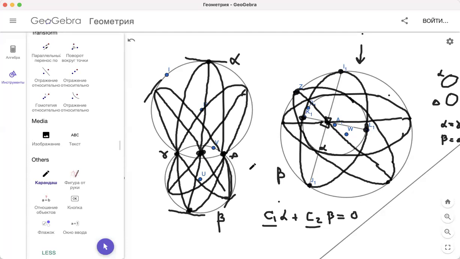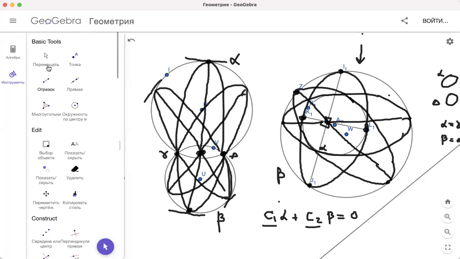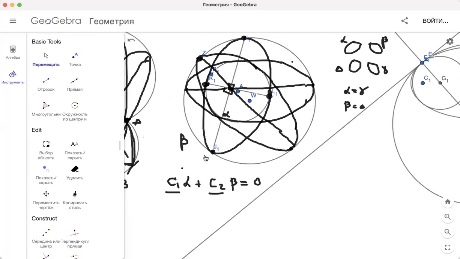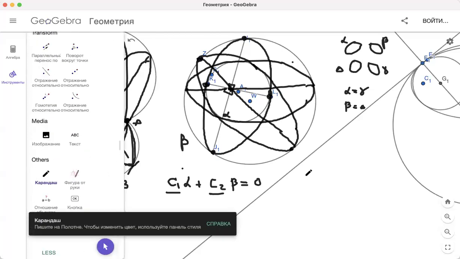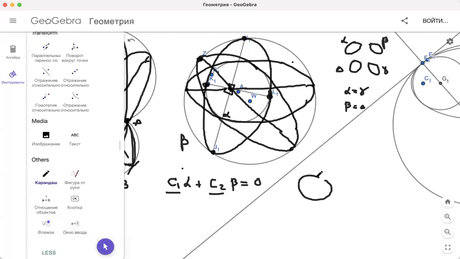And if you have two non-intersecting circles, then you have two limiting points of the pencil generated by these two circles, alpha and beta.